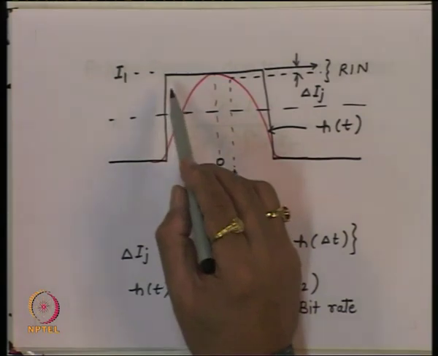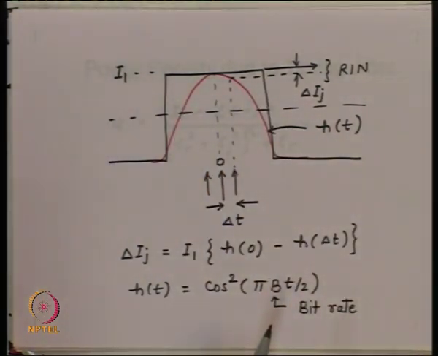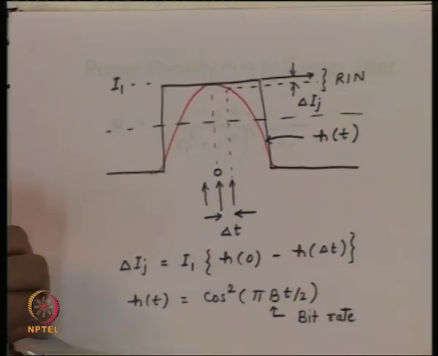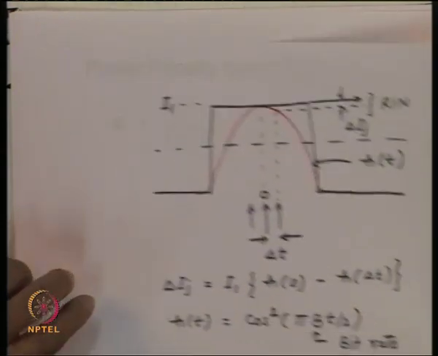So, the pulse is no more a rectangular pulse, it has a cosine square shape. And the corresponding transfer function, which essentially reduces the intersymbol interference, we get the raised cosine filter for this pulse shape.